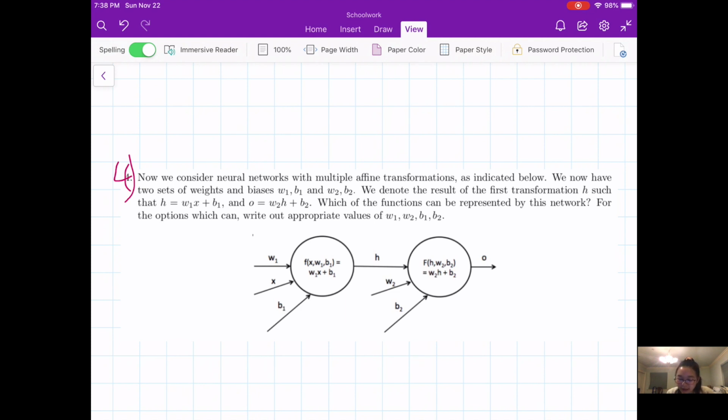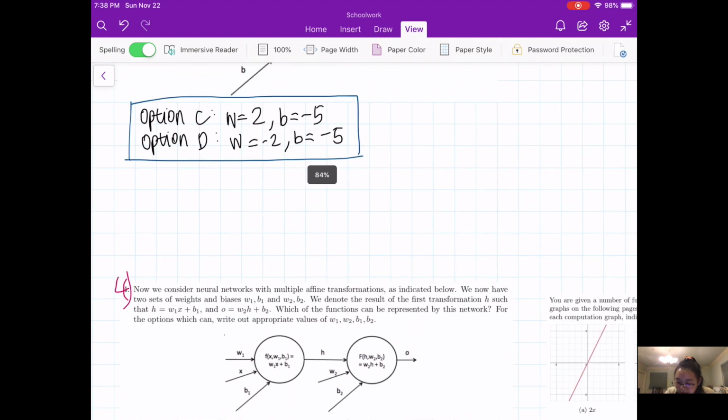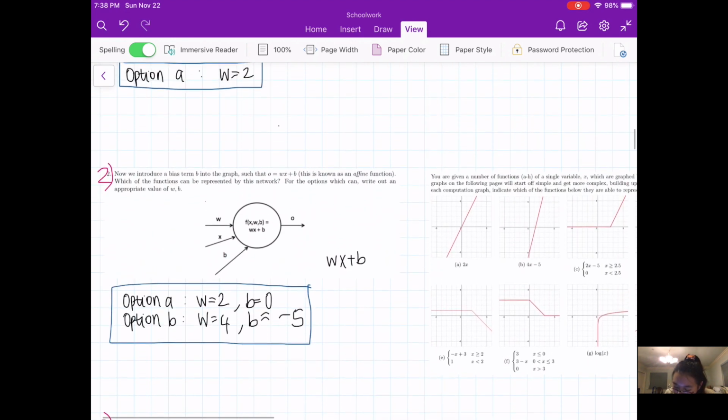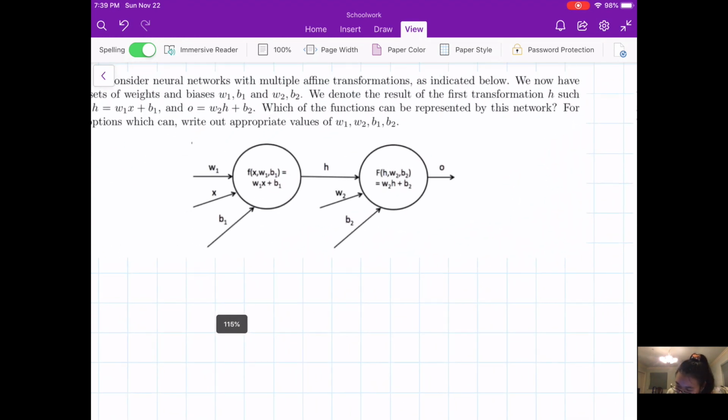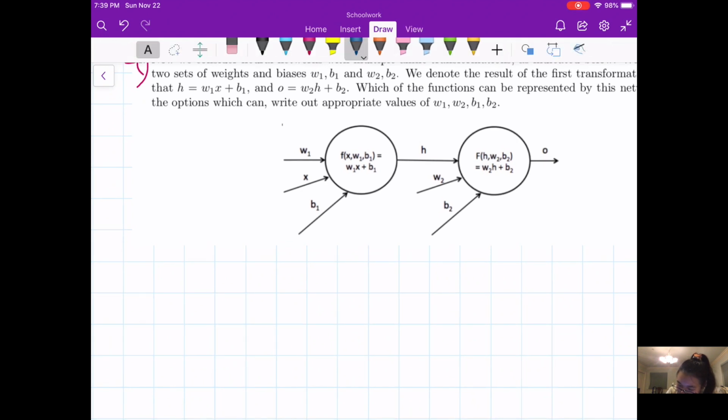Based on that, this computation graph can only represent the same functions as number 2 could, the one where we only had one affine node. So that means we can only do A and B. Let me write that down.